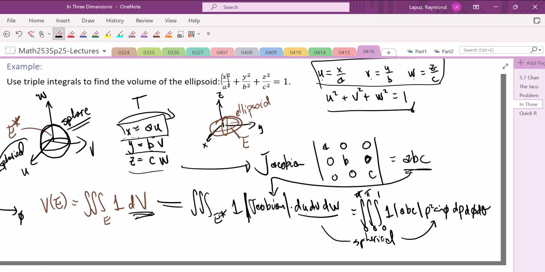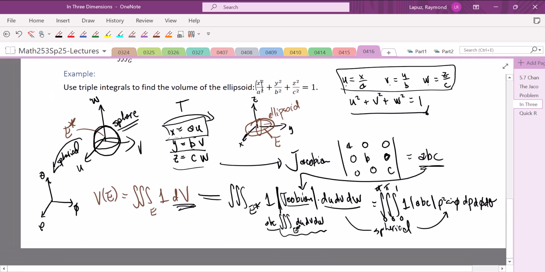We actually don't need to do this, because if the Jacobian is a constant abc, for du dv dw over E star, we know that the volume of a sphere is 4/3 pi r cubed. So it's just abc times 4/3 pi, because r is 1 in this case.